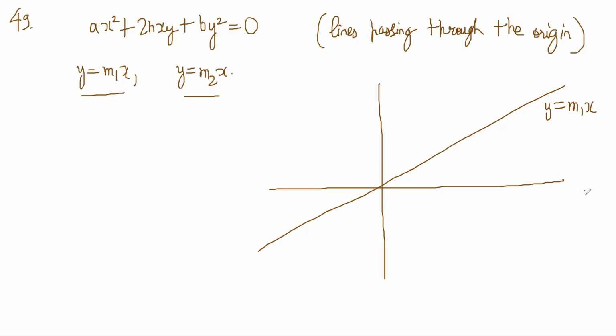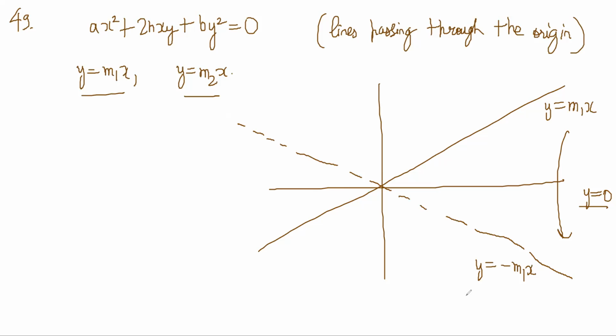So suppose y is equal to m1x is like this. What is the image in the x-axis, y is equal to 0? It will be this line. Image of this line is going to be y is equal to minus m1x. So image lines are both y is equal to minus m1x and y is equal to minus m2x.